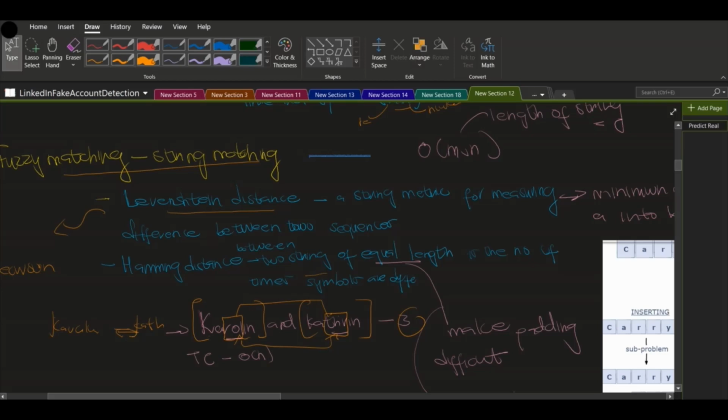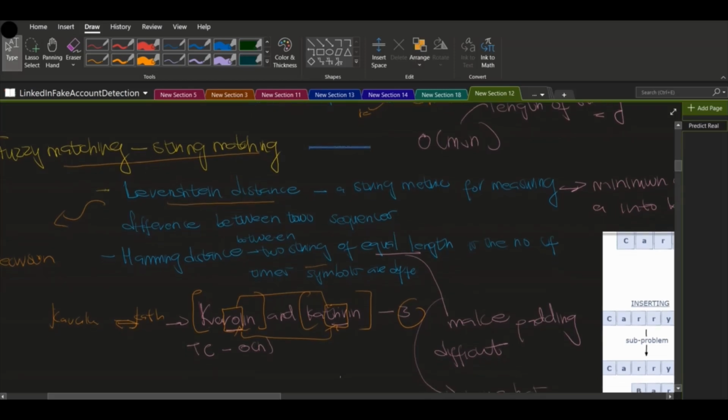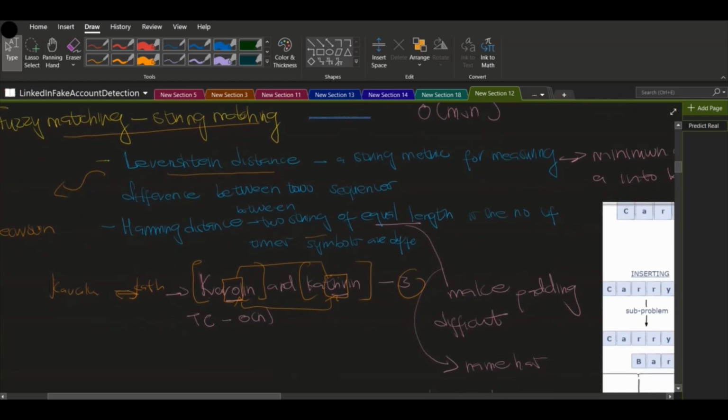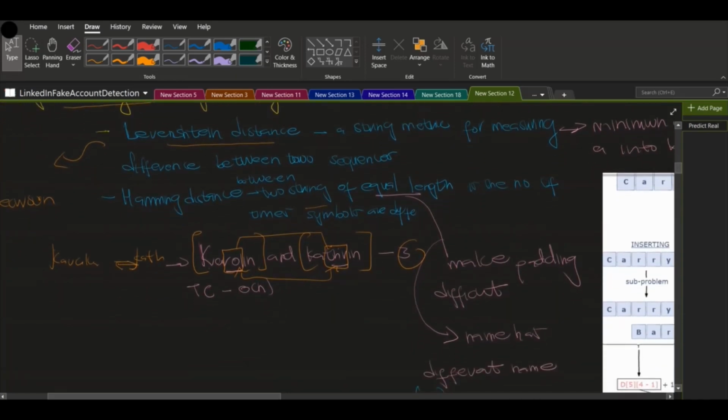So that's the downside of this. It means you still need to take all the names and pad them, which adds another computation. The time complexity of this is O of n, but it's expensive because you still need to pad, and it's not as accurate compared to other techniques.